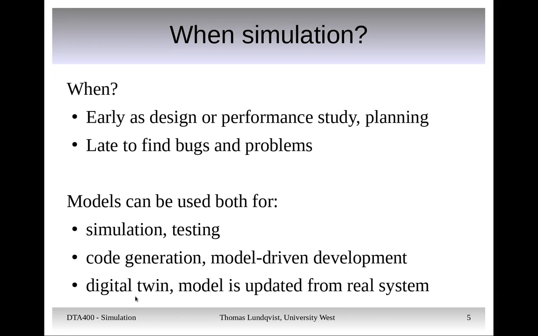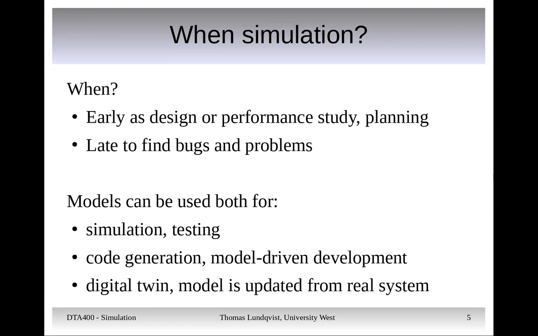That means a model that you use for simulation, maybe, or testing. But with a digital twin, you keep the model updated as well. So when you have the real system, for example the cafe, you do measurements in the cafe and feed those data back to the model. That means you have a model that is always up to date with how the real world looks.